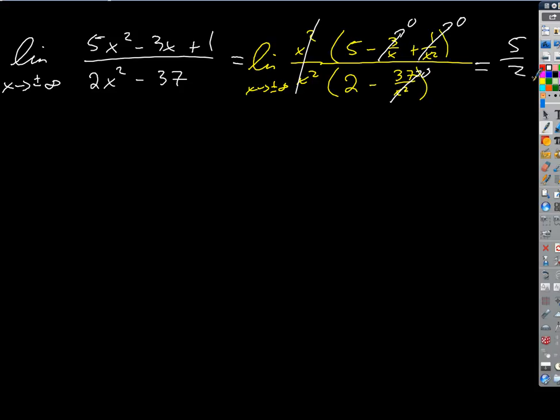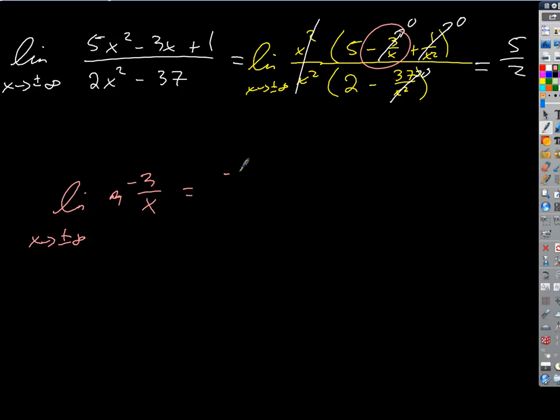Okay, so why do they go to 0? Let's take one of these as an example. Let's take this one right here: the limit of negative 3 over x as x approaches plus or minus infinity. What if we just put the negative with the 3?